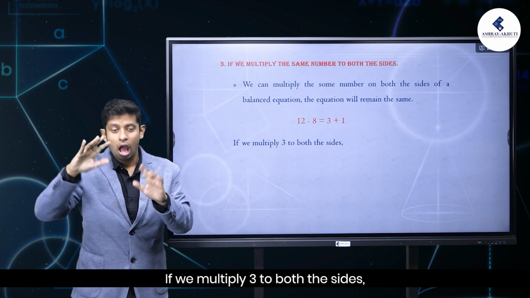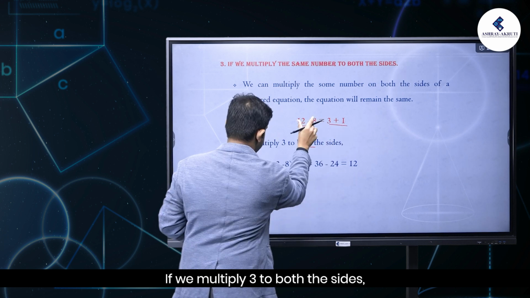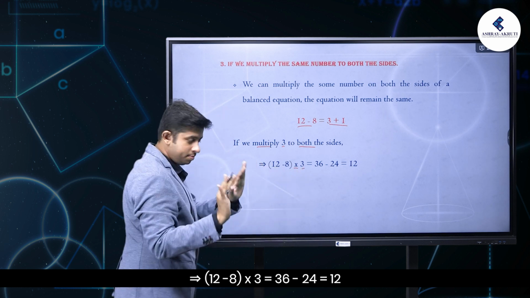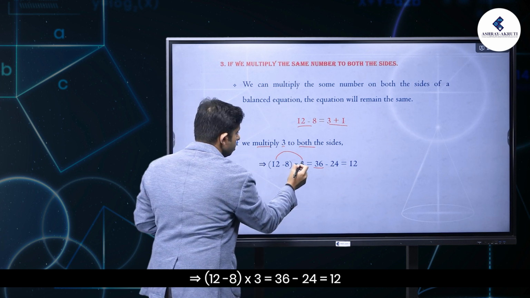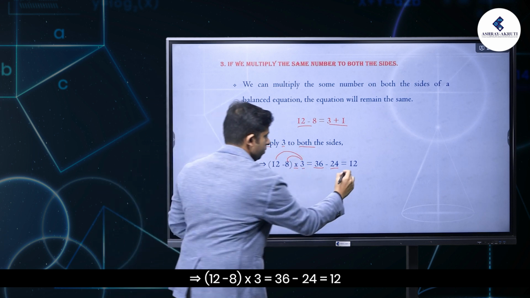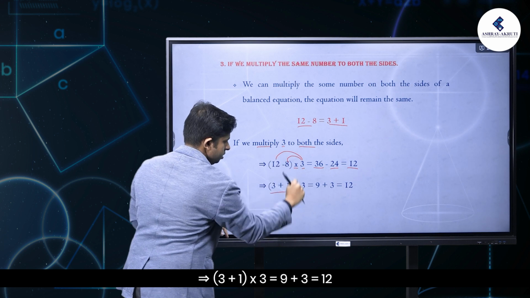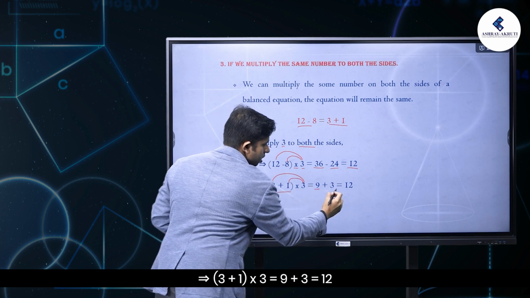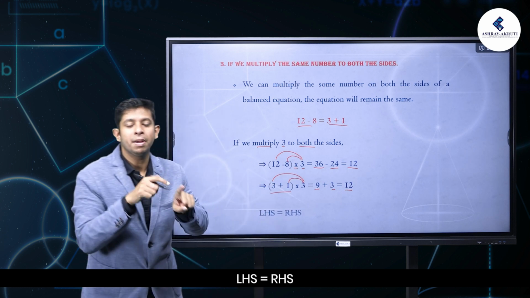If we multiply 3 to both the sides, (12 minus 8) into 3 equals 36 minus 24 equals 12, and (3 plus 1) into 3 equals 9 plus 3 equals 12. LHS equals RHS.